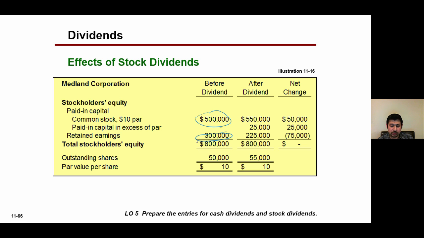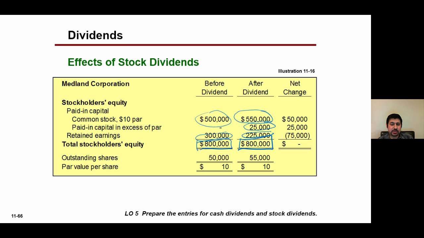The total stockholders' equity is 800,000. After the dividend was issued, the common stock has increased, paid-in capital has increased, and retained earnings has decreased. The total stockholders' equity remains unchanged.